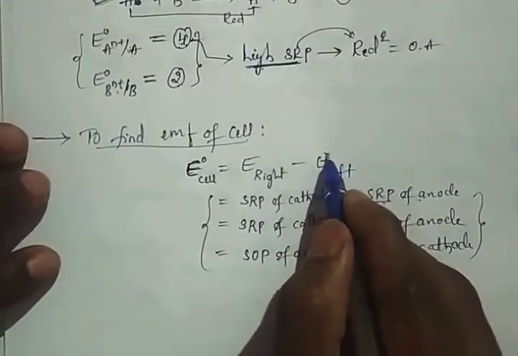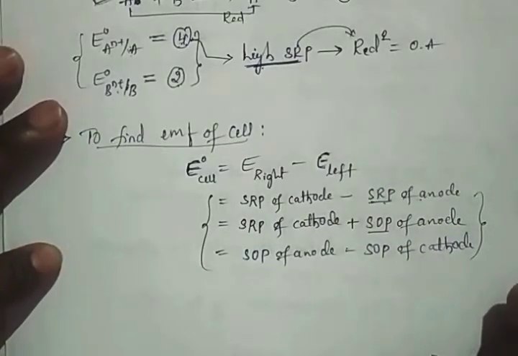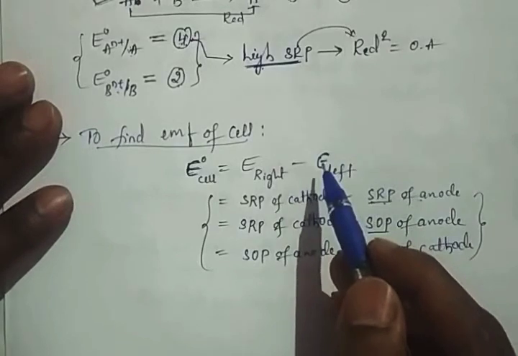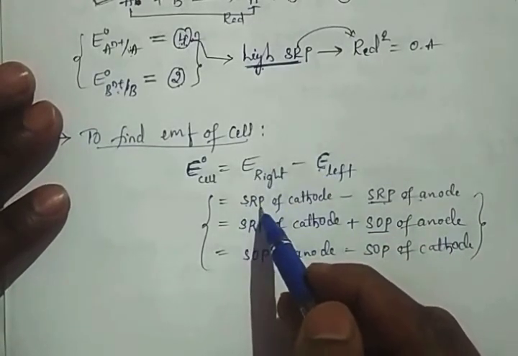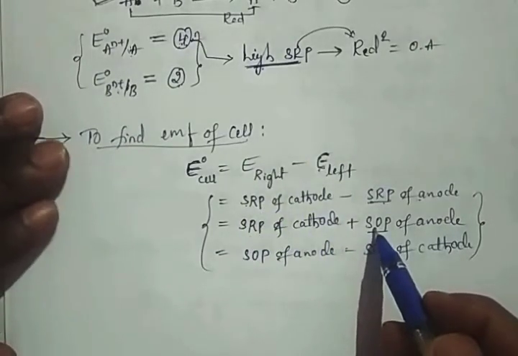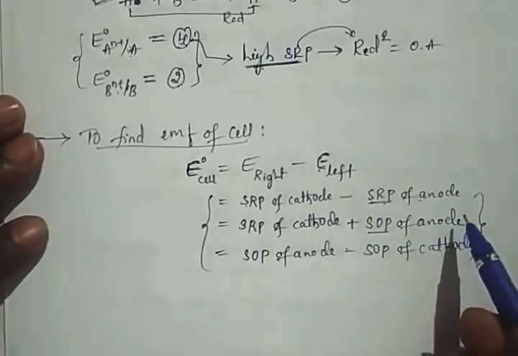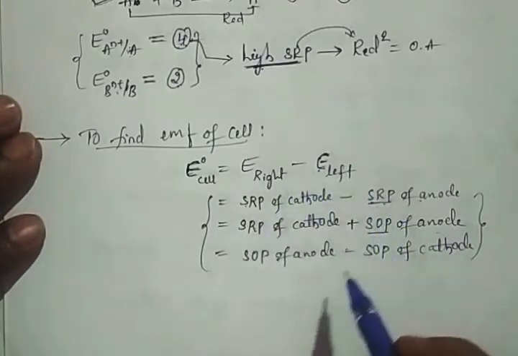Usually electrode potential is restricted to reduction potential only, that we know already. Whenever we use the term electrode potential, it means a reduction potential value only. If they mention SOP for one and SRP for the other, in order to solve the objective problems easily, you need to know about these concepts.